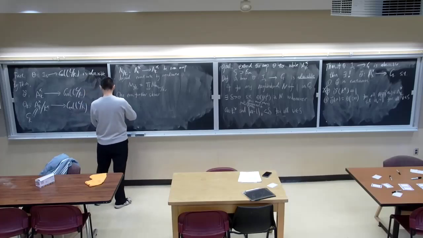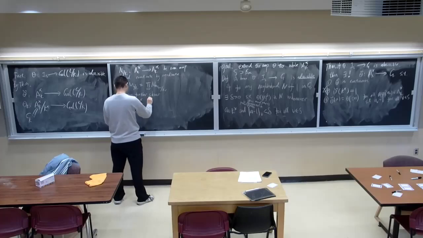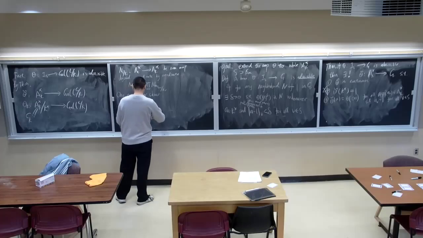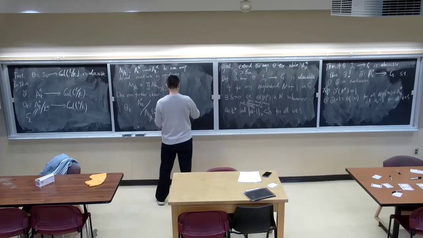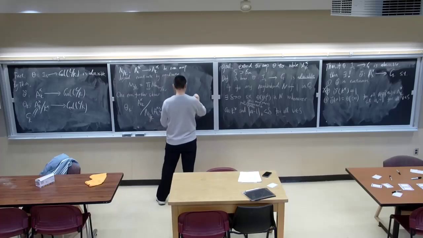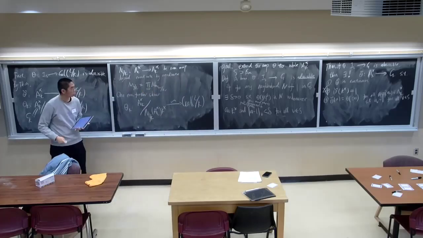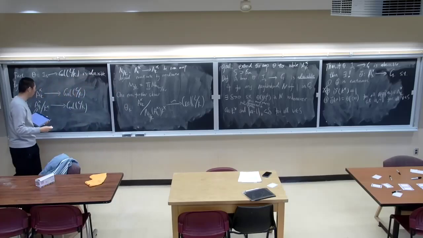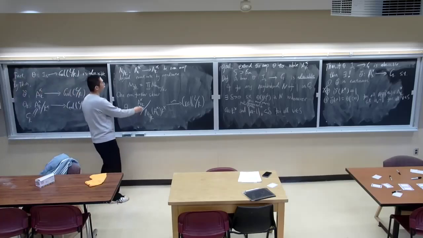So if we define the norm like this, coordinate by coordinate, then you can further show the kernel of this map is just a norm from above.